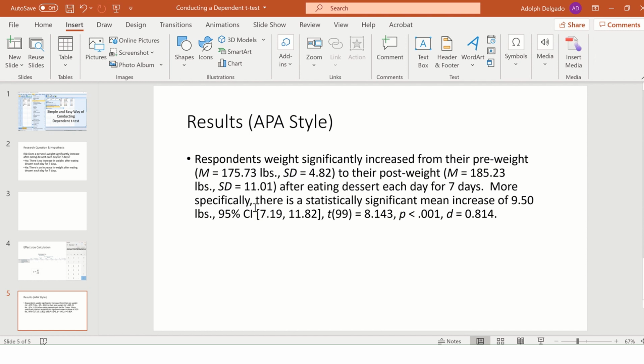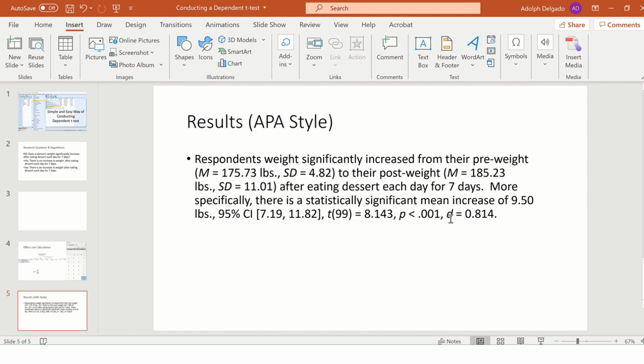More specifically, there is a statistically significant mean increase of 9.5 pounds. And here's our confidence interval, right? So we know that the mean weight falls somewhere between these two values. And our p-value is less than 0.001 with a t-value of 8.143 and a Cohen's d effect size value of 0.814.